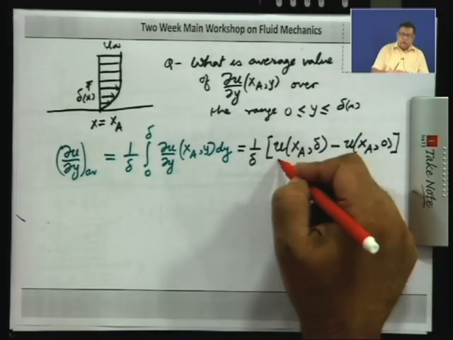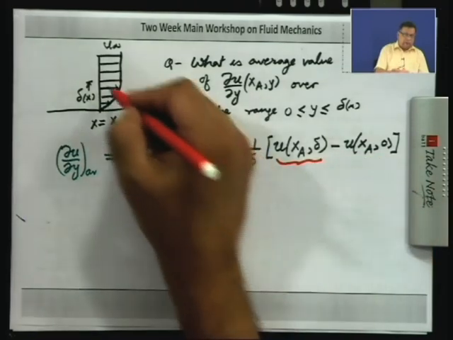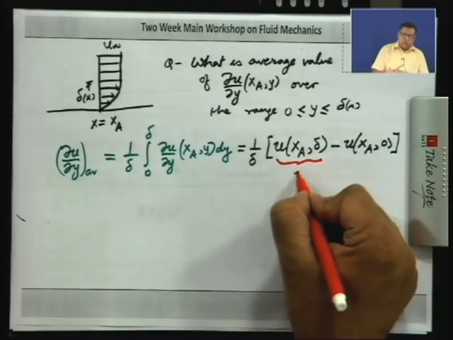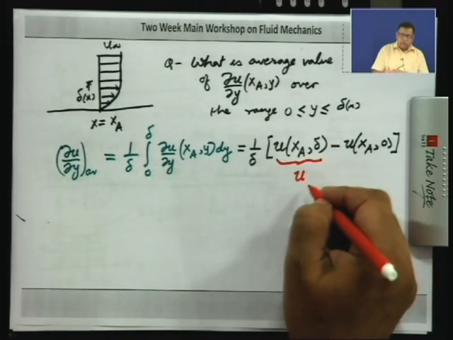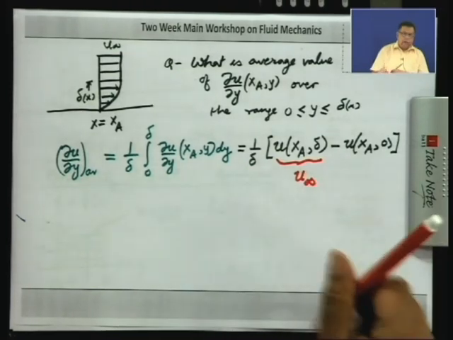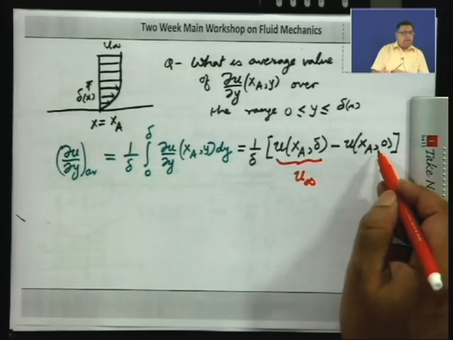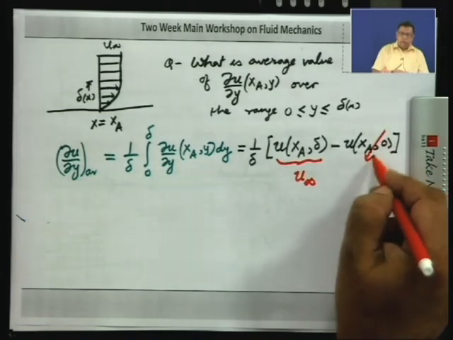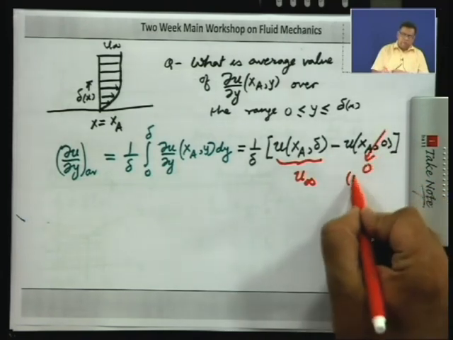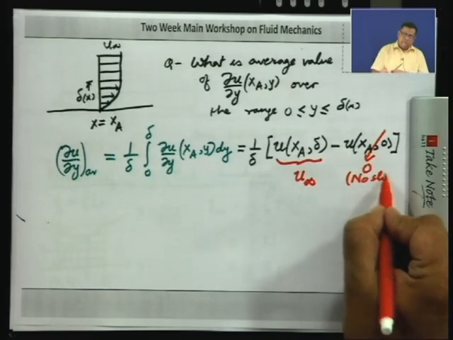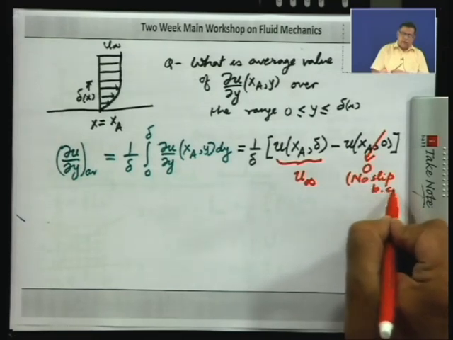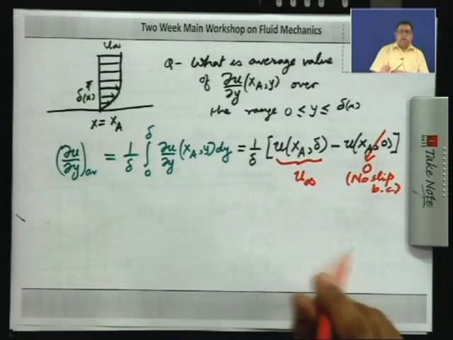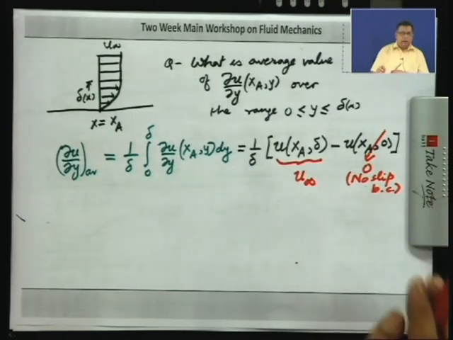So, the first term here is the velocity at the edge of the boundary layer, which we know for this kind of a profile is u infinity, and the second term is the velocity at the wall, which for viscous flows is 0, that is your no slip boundary condition. This boundary condition we will see cannot be enforced when we try to find a solution for the inviscid flow equations, that is your Euler's equations.